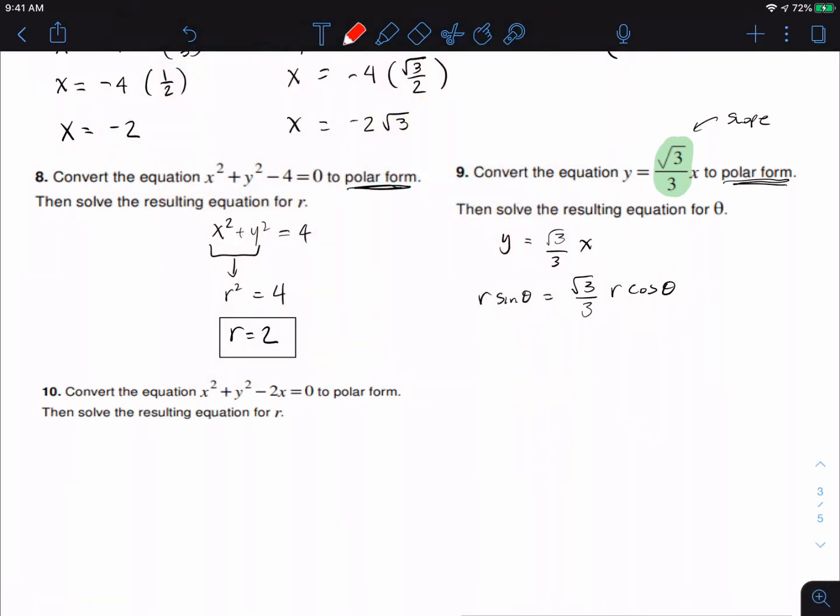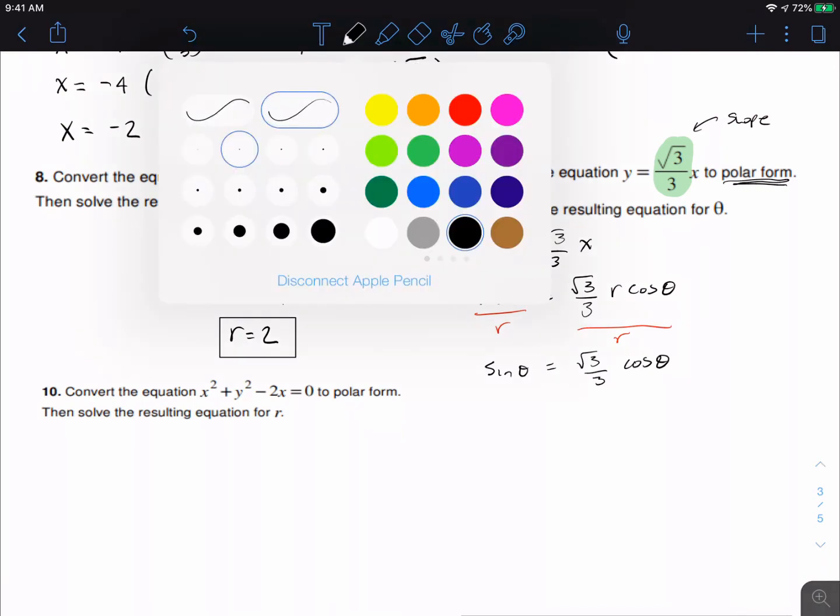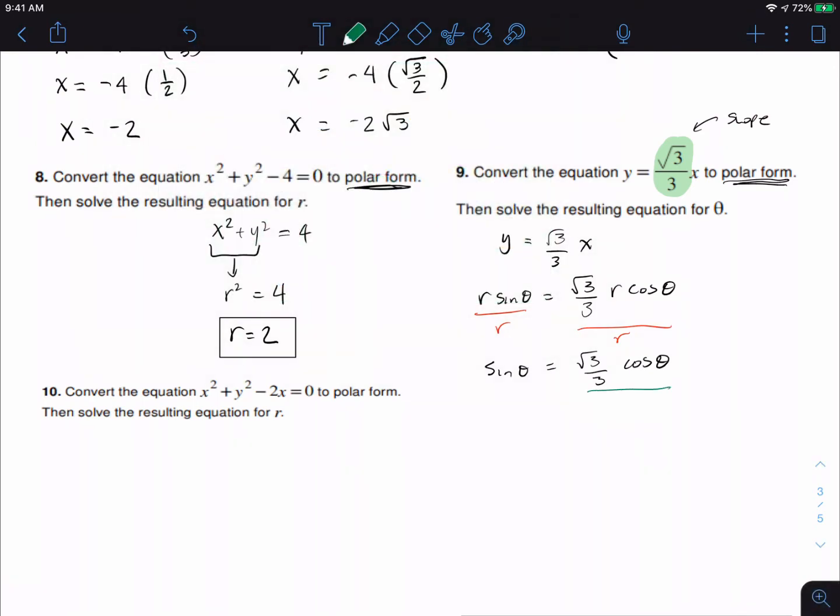Okay, so a manipulation that I'm going to do to both sides is I'm going to divide by r here. And that's going to give me sine of theta is equal to radical 3 over 3 cosine of theta, because the r's are going to cancel out. And then what I'm going to do is I'm going to divide by cosine of theta to both sides. And that's because I want to get the radical 3 over 3 by itself.